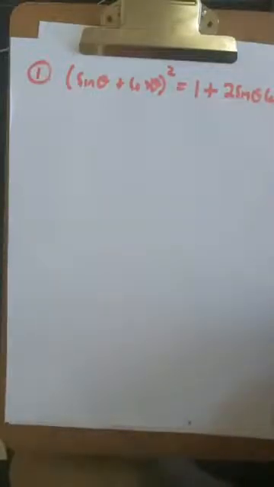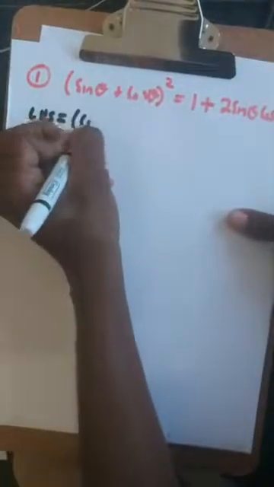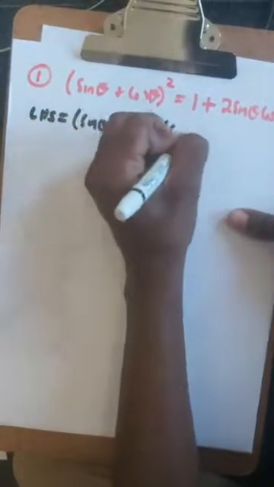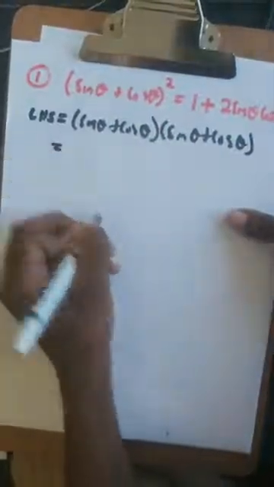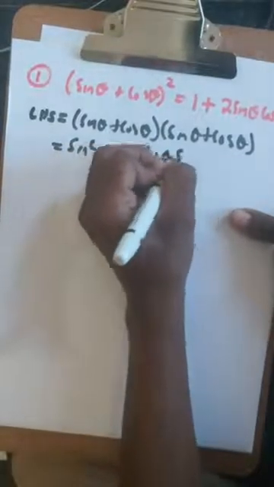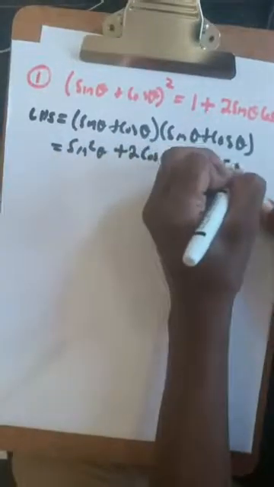This is a result that is very important to remember. So we have to prove that our left hand side, sine of theta plus cos of theta times sine of theta plus cos of theta, is equal to sine square of theta plus 2 cos theta sine of theta plus cos square theta.